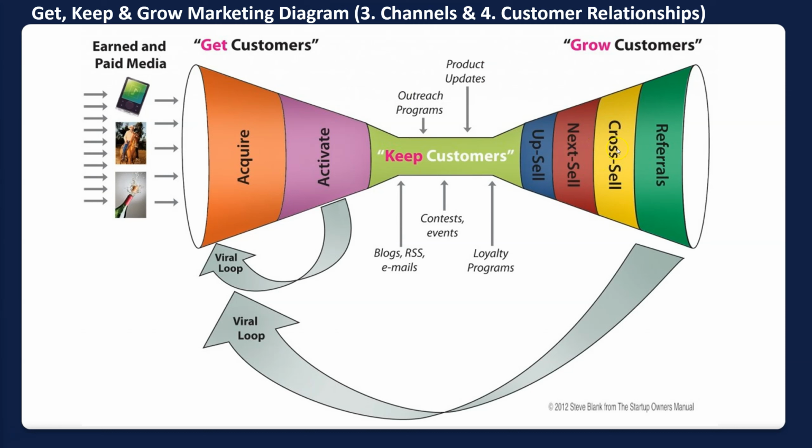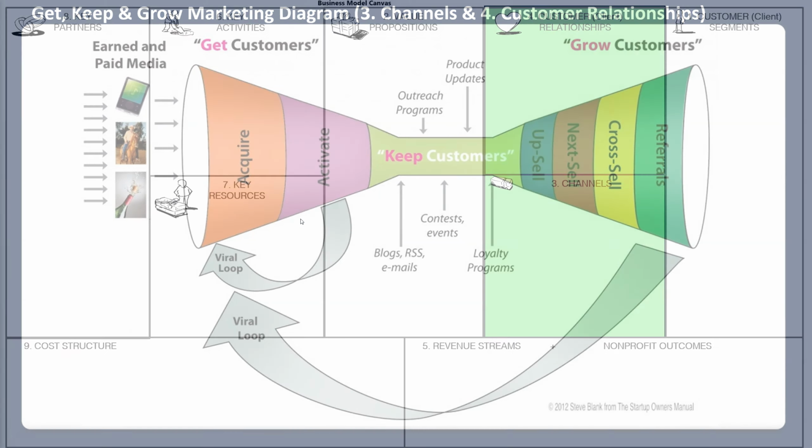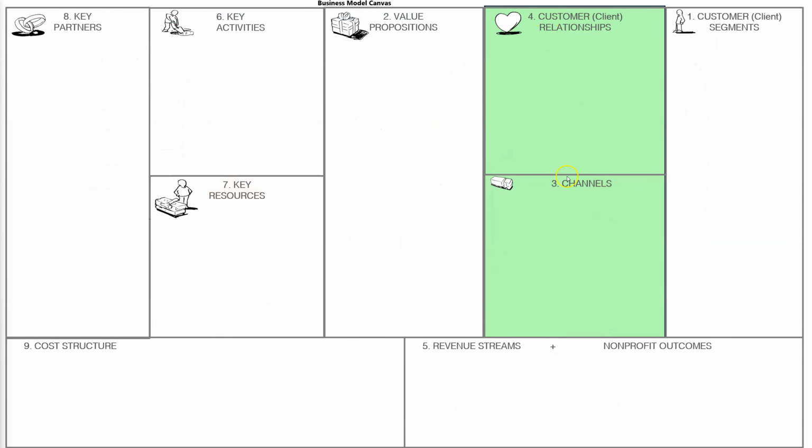And cross sell is more applicable for something like City Vision, where someone might take one course or one program, and then they decide to take another program. And then referrals. So the focus on this section is really on customer relationships and channels.